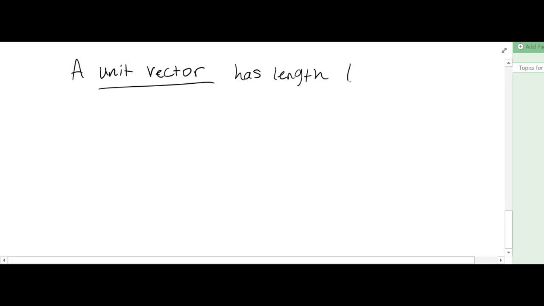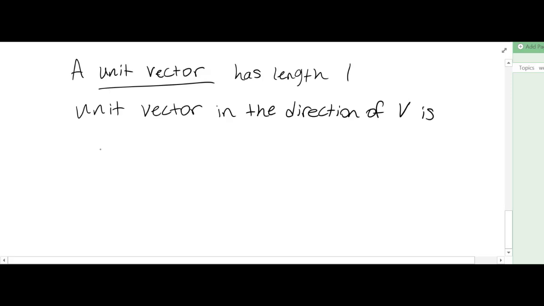So a unit vector is a vector with length 1. The unit vector in the direction of a given vector. So if I give you some vector v, the unit vector in the direction of v is like v hat. Sometimes we denote it that way. It's just v divided by its magnitude.